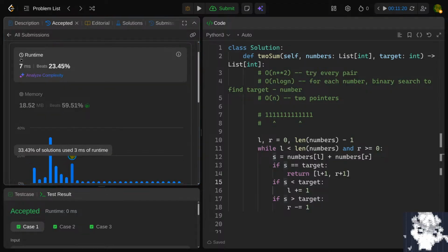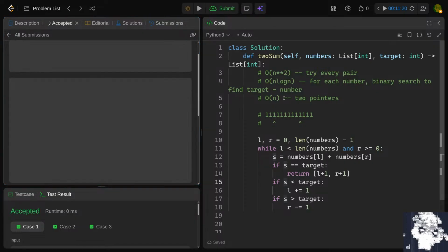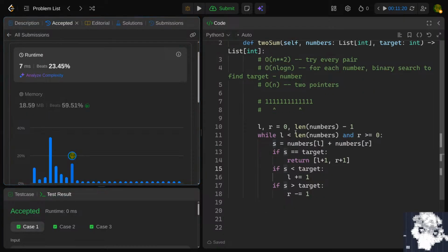But I think the number of milliseconds is 100% variance at this point, because we're basically not doing anything, and we're getting slightly different numbers of milliseconds. If I ran it a few more times, I'd probably get 0.